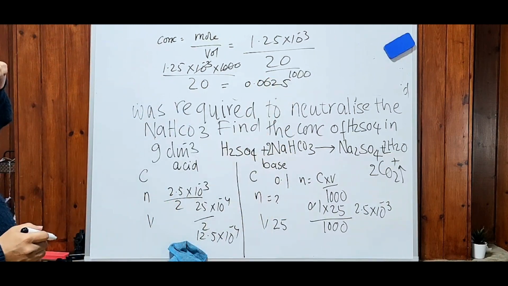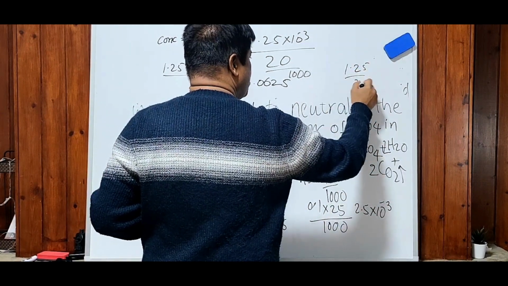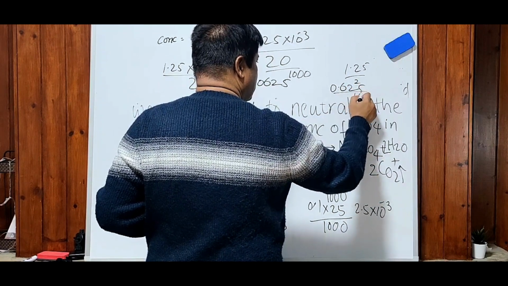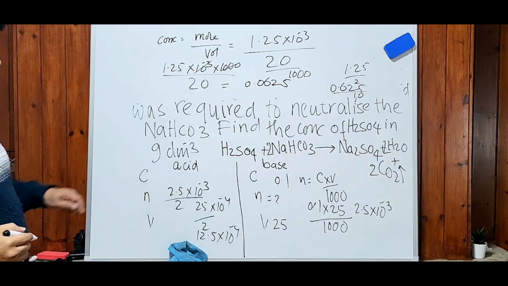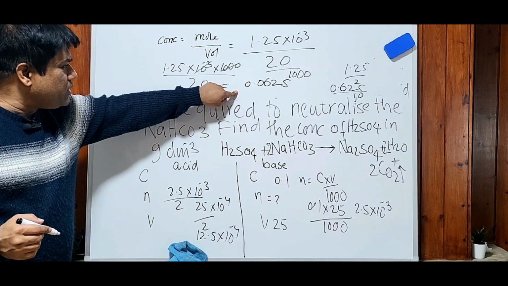Figure out, guys. 1.25 divided by 2 equals 0.625, divided by 10. So I'm right. That's the concentration in mole per dm cube.